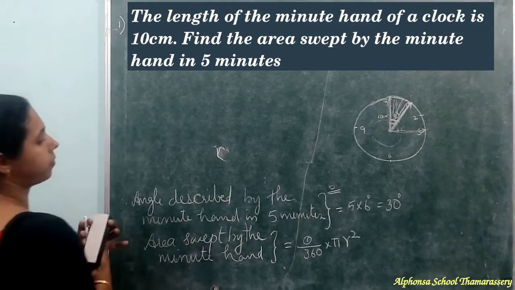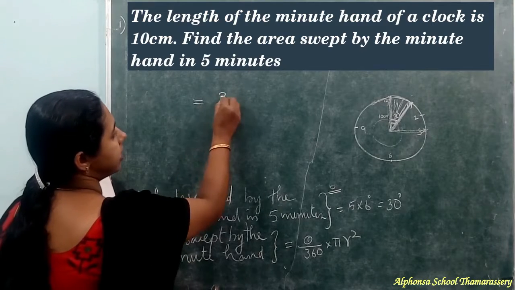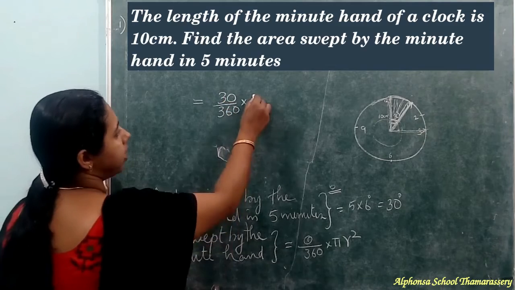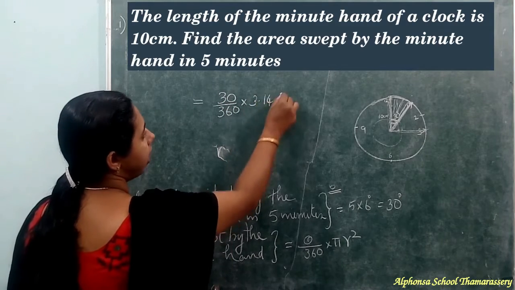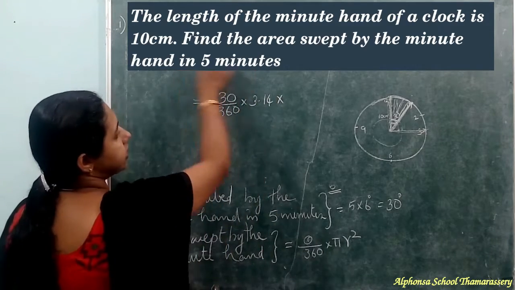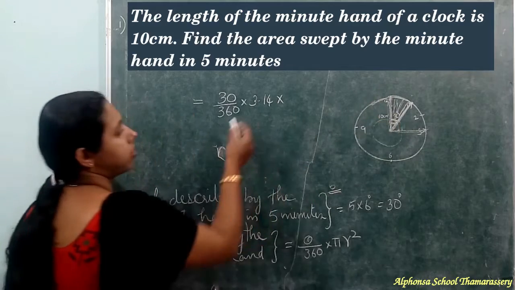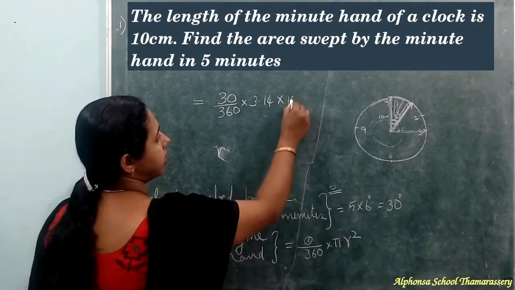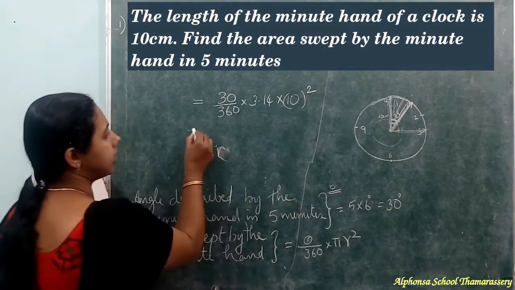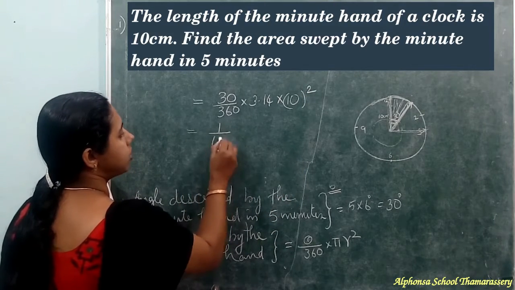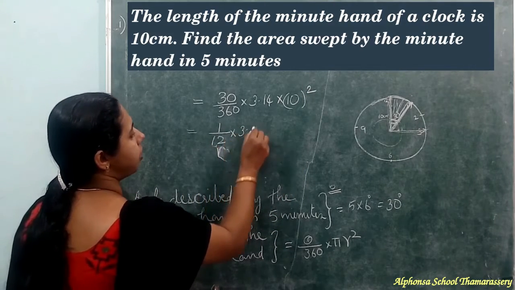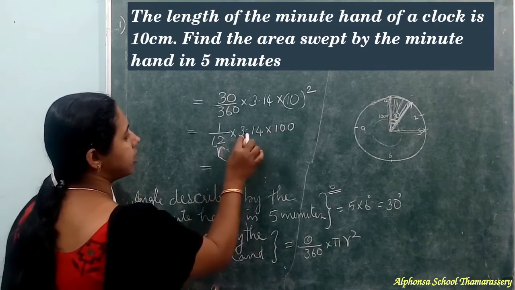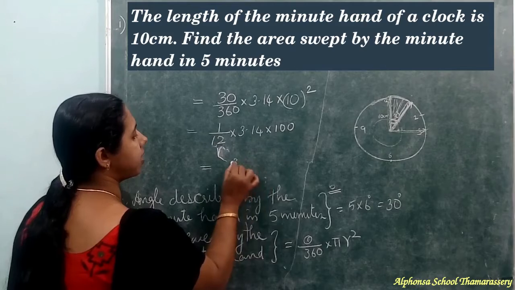That is equal to 30 by 360 into pi r square. The pi value you can substitute as 3.14, into the radius. The radius of the circle, or radius of the sector, is equal to 10 centimeter. That means r square is 10 square. That is equal to 1 by 12 into 3.14 into 100. 3.14 into 100 is 314.